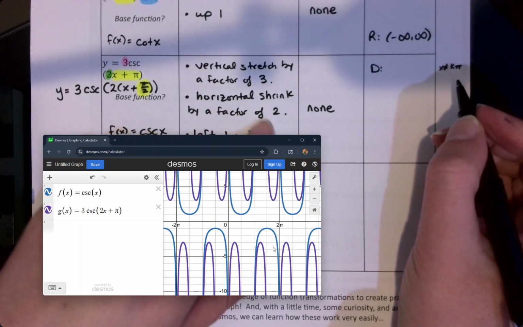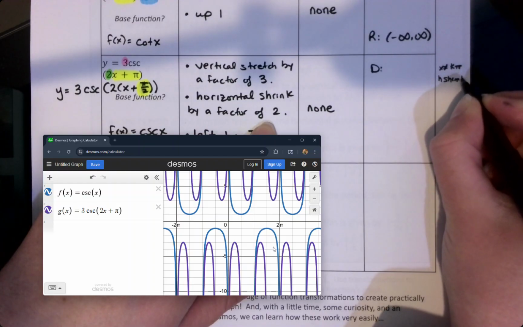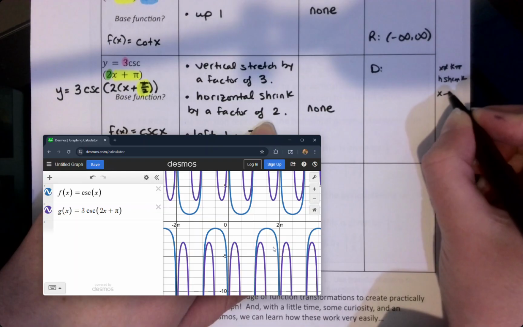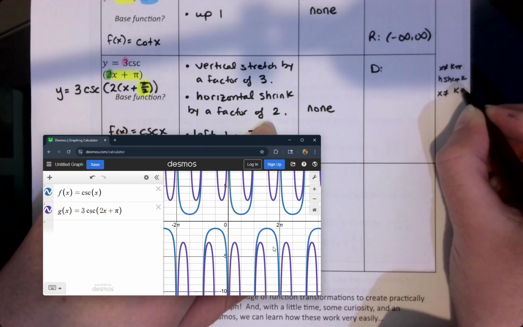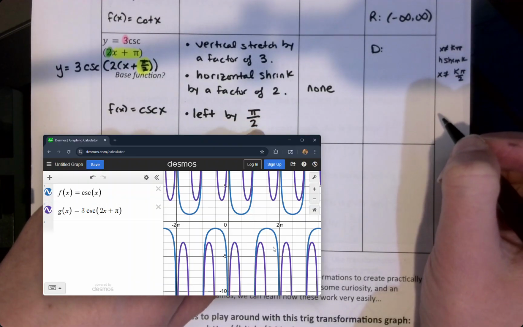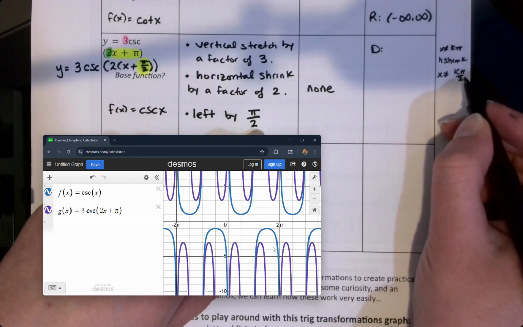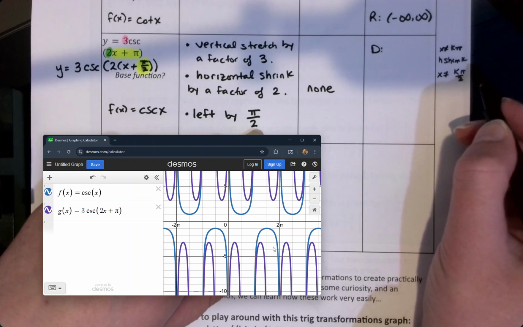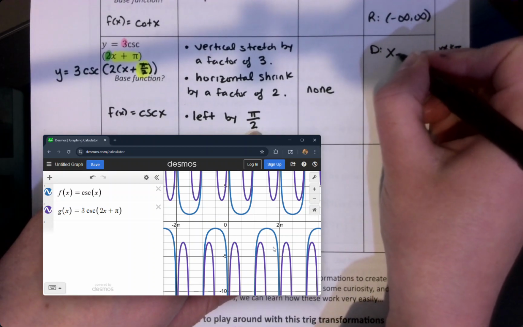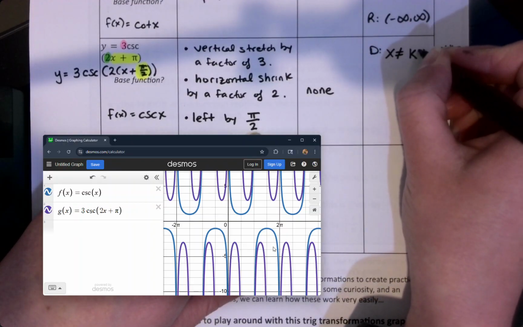But when I horizontally shrunk this by a factor of 2, that would have turned out to x is not equal to k pi over 2. Then when I shift this left by pi over 2, since this is all multiples of pi over 2, if I add in another pi over 2 or subtract another pi over 2, it's not going to change these. So it should be all multiples of pi over 2. So x is not equal to all multiples of pi over 2.